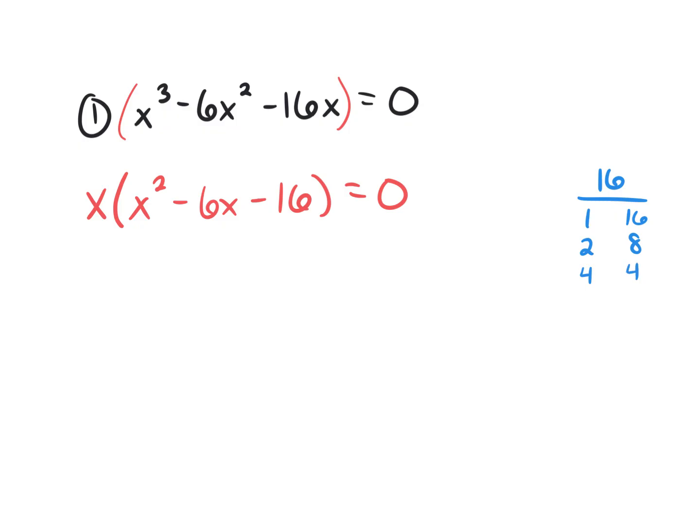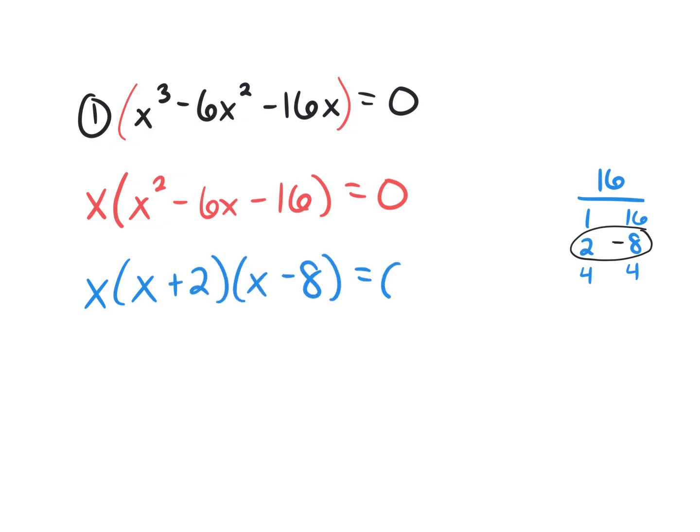Which one of those can somehow get me to negative 6? 2 and 8, how? Change the 8 to a negative. Good. How do I write those as factors then? Do you agree I still have this x out in front? Yes. Okay, so we still have x times x plus 2 times x minus 8 equals 0.